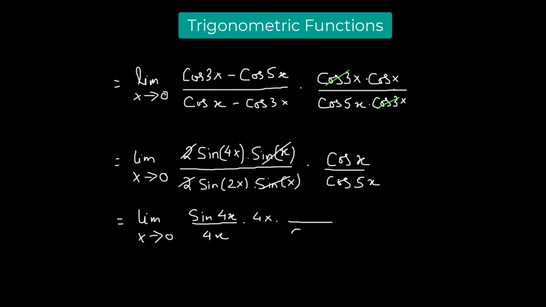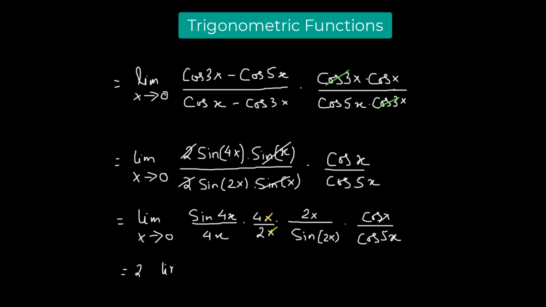And we have sine 2x in the denominator, so we are going to multiply and divide by 2x, times cosine of x divided by cosine of 5x. So here we can cancel x in the numerator and the denominator. So that leaves us with 4 over 2, which is 2.